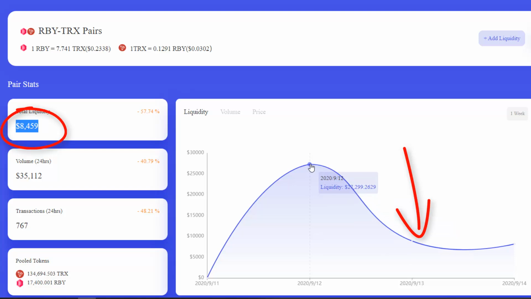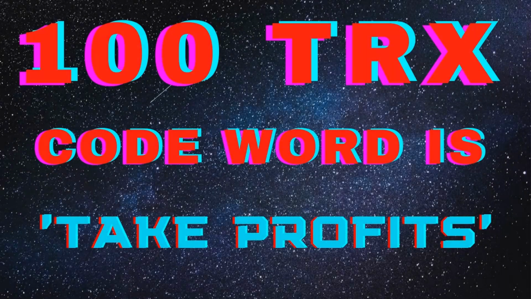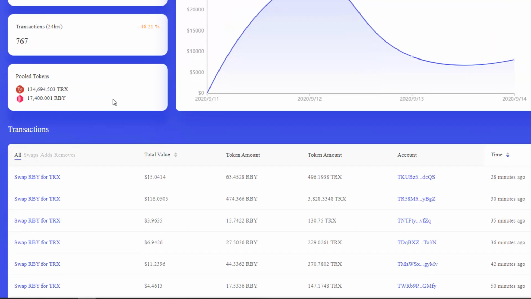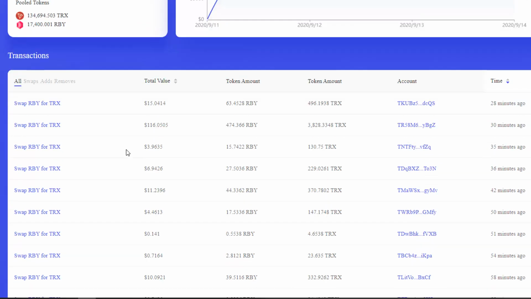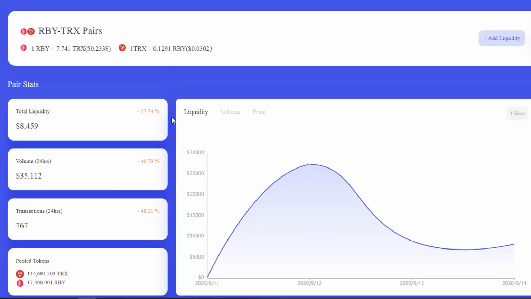So these people that bought in when it was 27,000 liquidity are left holding their bags because this is dumped big time. This is something that's just gone wrong bad. And when you see liquidity this low, do not touch it.